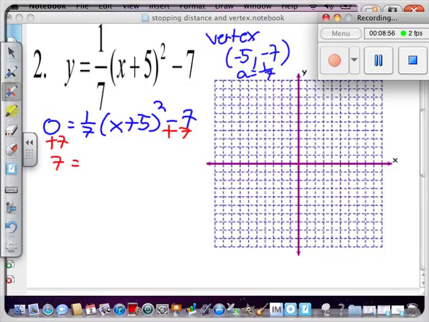So 7 equals 1, 7 times x plus 5 squared. Okay, can somebody tell me what the second step would be? What do I do next? Divide by 1, 7.